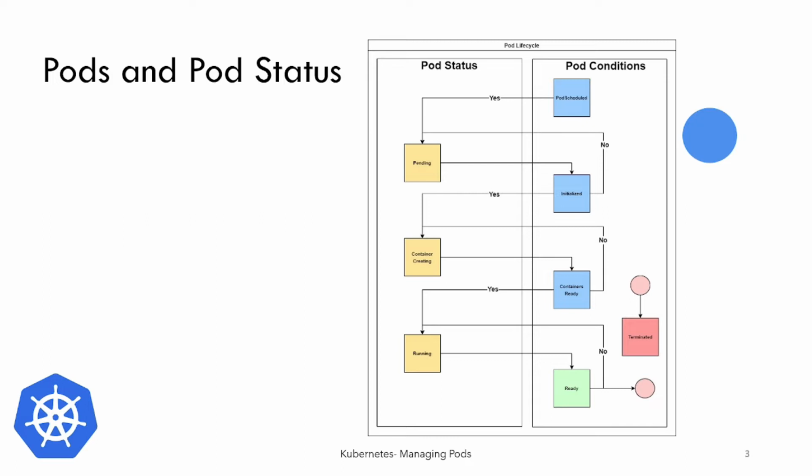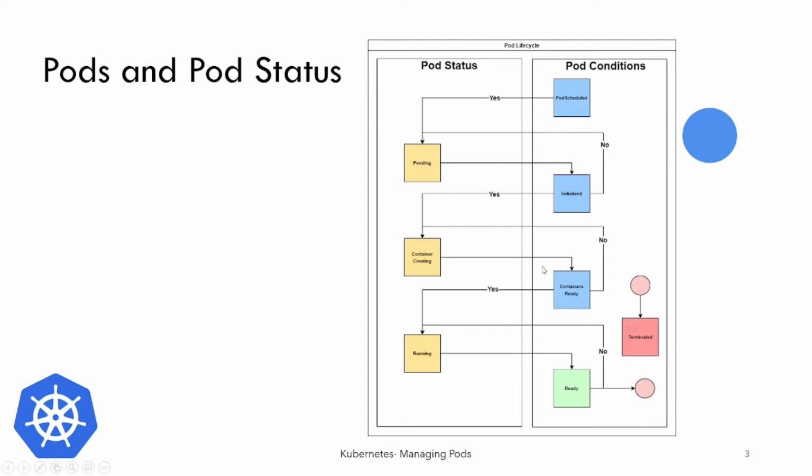Now, as I mentioned earlier, a single pod can have multiple containers. When the pod is ready, it will show how many containers within a pod are ready to serve. So if there are two containers, it will say that out of a total of two containers, both are ready to serve the request. That we'll see in the demo.